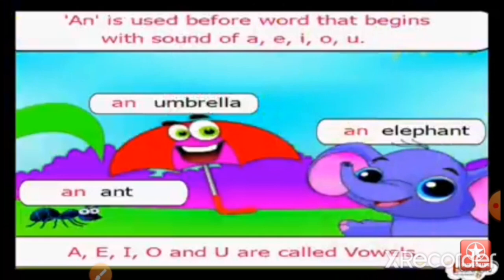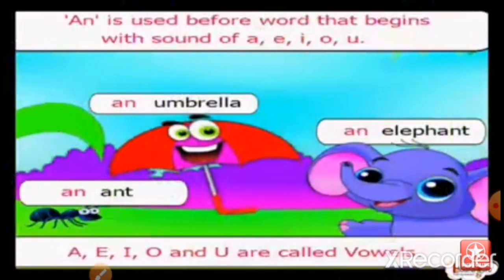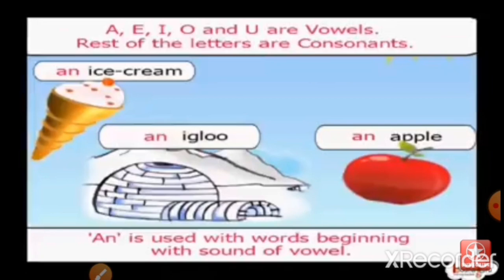Many more examples are there, like an orange, an onion, an empire. For the different words that begin with a vowel sound, we can use an.